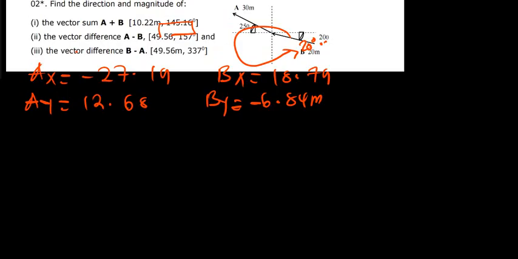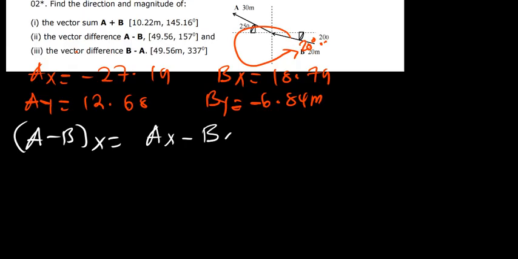So I'm going to solve a minus b. What is a minus b? You put them in brackets, the x component. Since we are dealing with minus, you say ax minus bx. What is our ax? Our ax is negative 27.19, minus, what is our bx? 18.79.